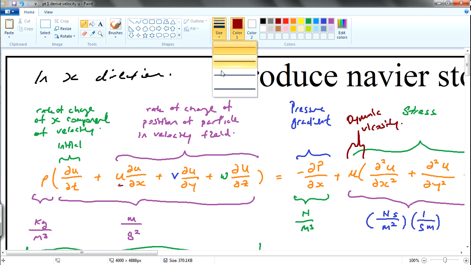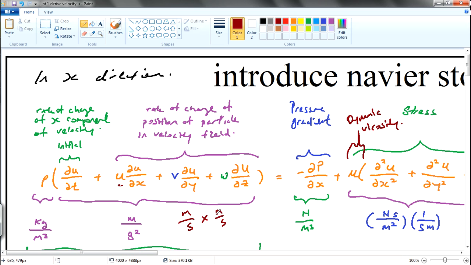Sorry, my pen is not working. So you will have 1 over s in this case. So it's velocity multiplied by 1 over s. This is how you derive that this is acceleration.